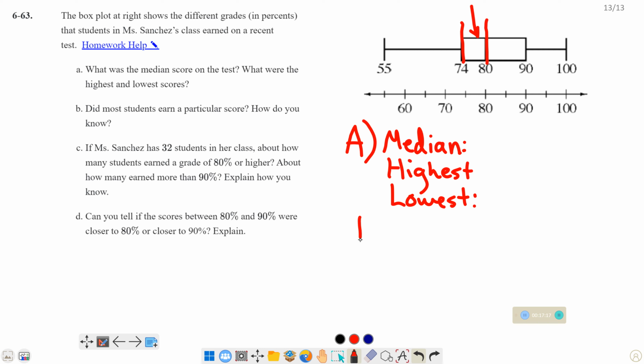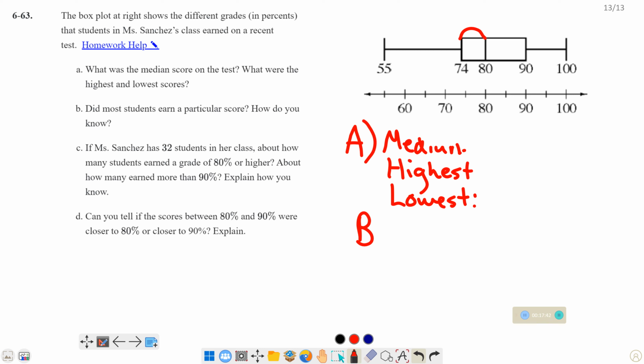So in problem B, did most students earn a particular score? Well, I could read this two ways. I could say that there are a lot of students who got between a 74 and an 80. I could also say that all the students are relatively spread out.